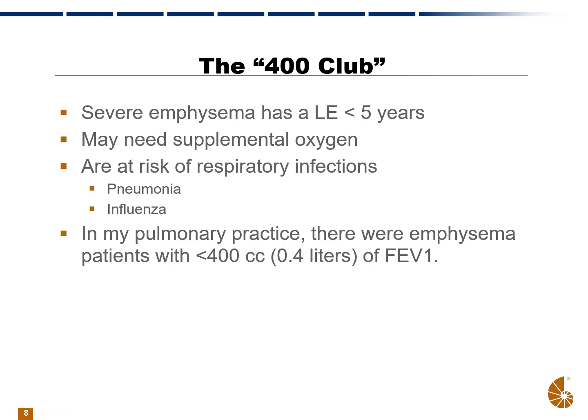When people are that ill with emphysema, they have a life expectancy of less than 5 years. They may need supplemental oxygen, and they're at risk for all kinds of infections on a repeated basis. They can have bronchitis, pneumonia, influenza, or all kinds of things like that. So they're always at risk. They need immediate treatment with antibiotics if they get a bacterial infection, because they have such little reserve available.